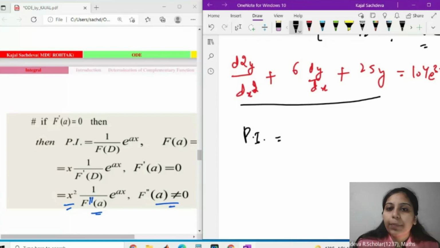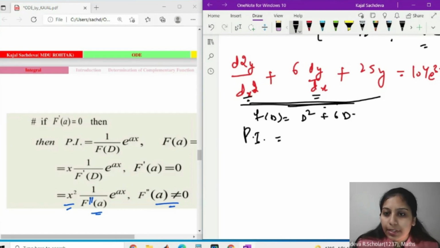So how do we find the PI here? Just write f(D) first. In symbolic form we have f(D) = D² + 6D + 25.